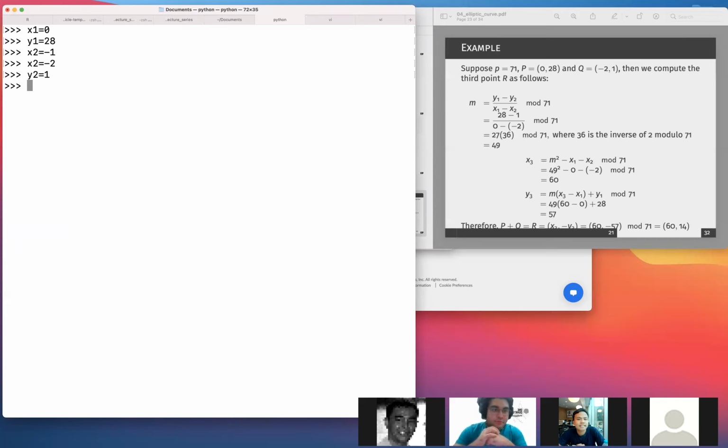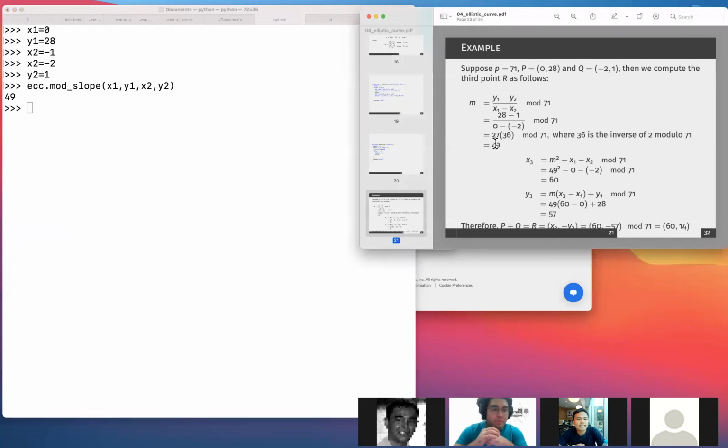Then we have ECC mod slope x1, y1, x2, y2, which gives us 49.